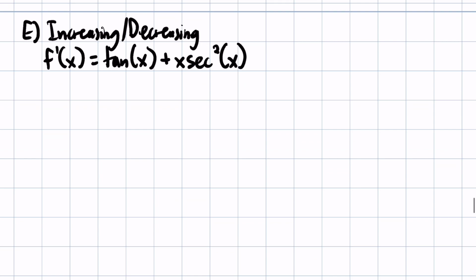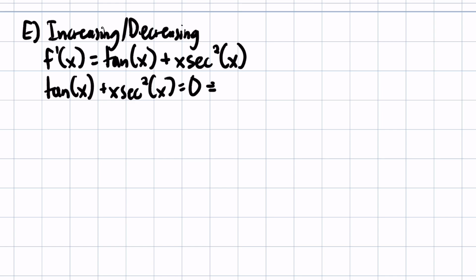We want to set that equal to 0, and we want to try to solve for x. So what I'm going to do is try to get a common denominator here. We know that tangent is sine over cosine, and we know that secant is 1 over cosine, so secant squared is 1 over cosine squared.